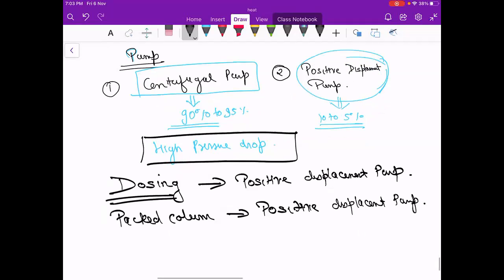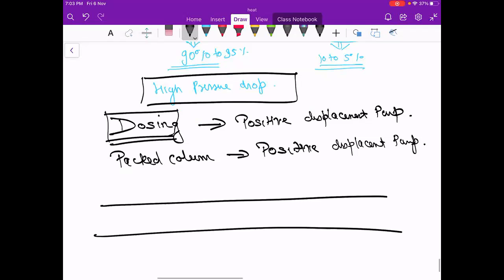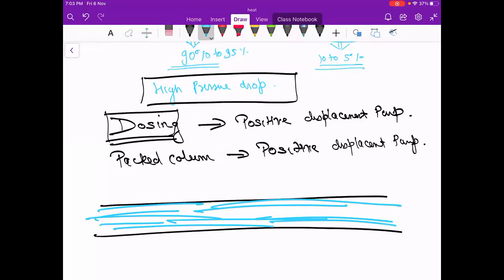Okay, or you can say in your Aquaguard, if you have seen your Aquaguard, there also we use basically a positive displacement pump. Okay, what does dosing mean? Basically something like this. Suppose one pipeline is moving on, and some fluid is flowing in it.